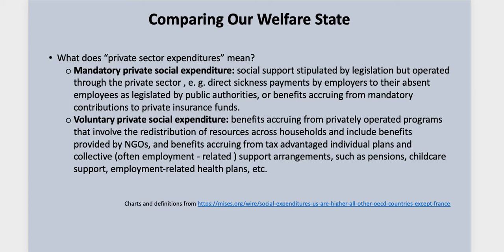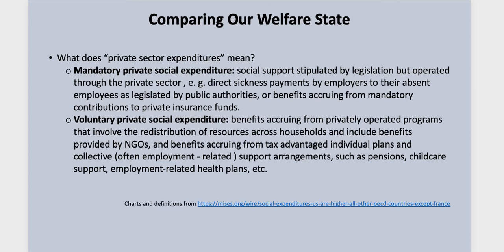Because it seems a pretty vague kind of thing, and I went to, it's actually an Austrian website that looked at, in fact, these maps that I just went over, rather the charts that I just gave you, are from that website as well. And it talks about the difference between mandatory private social expenditure and voluntary private social expenditure.